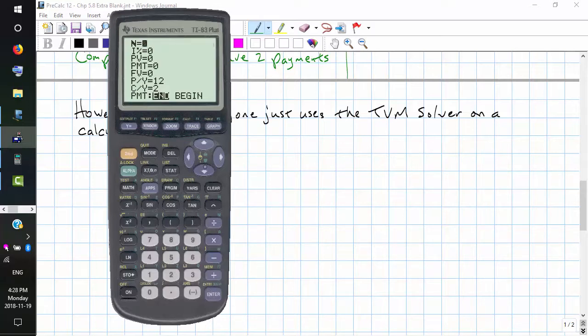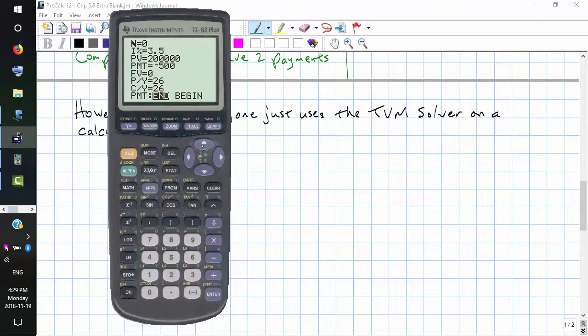Okay, so our problem, we have 3.5%, and our present value is $200,000. We're making payments of $500, and we have to make negative payments. Okay, our future value is 0, our payments per year is 26 and 26.